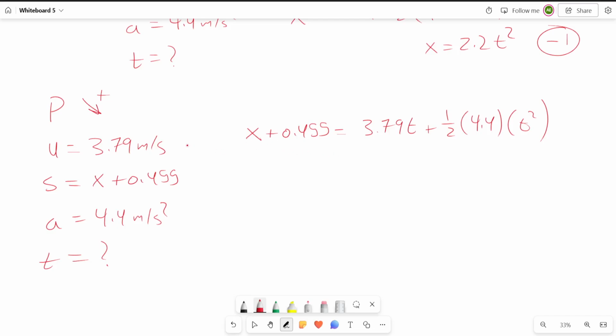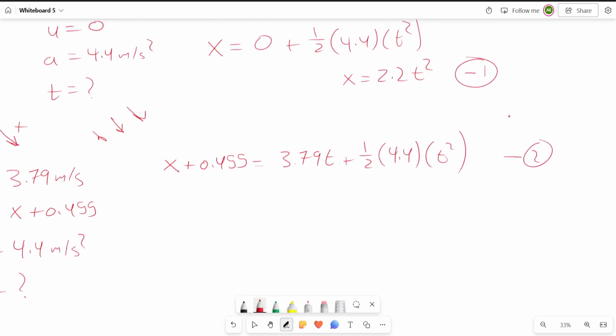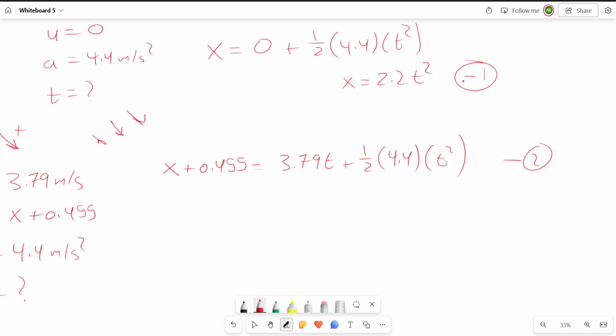I can see that everything's positive here because my displacement is in this direction, my u is in this direction, and my a is in this direction. So everything is positive, and this is now my second equation over here. When I solve these two equations simultaneously, I will get the value of t. So let's substitute this x over here in this equation.